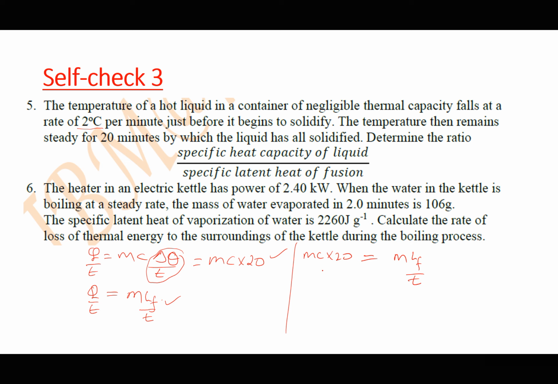So M has already cancelled. I have C over LF, latent heat of fusion, is going to be, here I'm remaining with 1 over 20, but when I bring this 20 to the bottom, it becomes times 20. That is 1 over 20 times 20, I think.